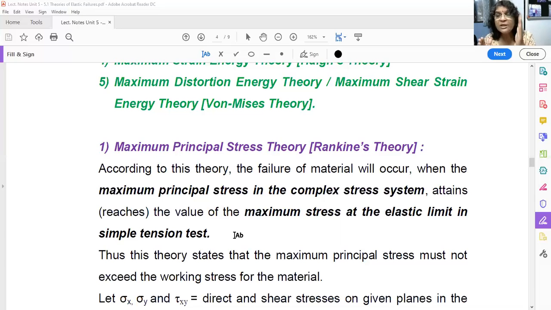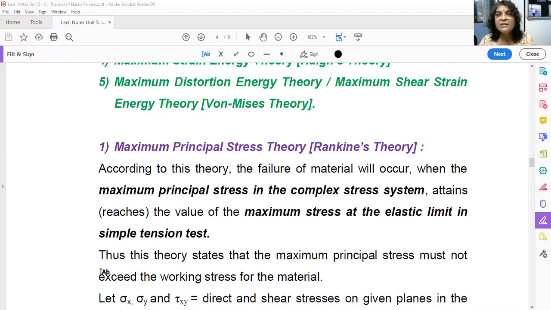Now in this complex stress system, in this theory you have assumed that whatever the stresses are induced, you found out the value of maximum principal stress, say sigma 1. So when this sigma 1 increases and reaches the value of sigma permissible, the failure is going to occur. Understood?